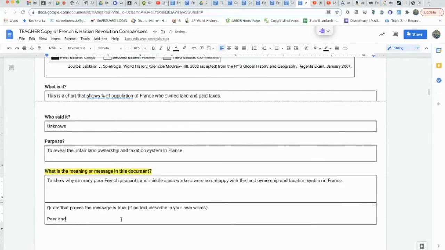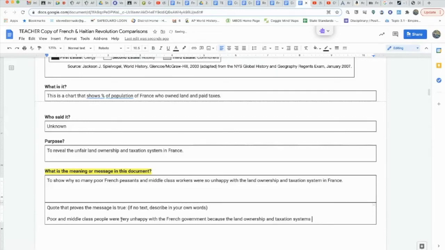Poor and middle class people were very unhappy with the French government because the land ownership and taxation systems were unfair.